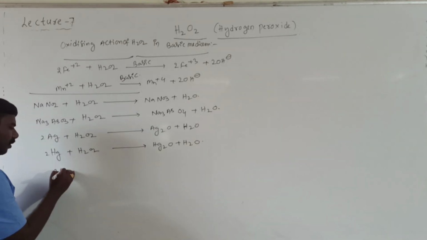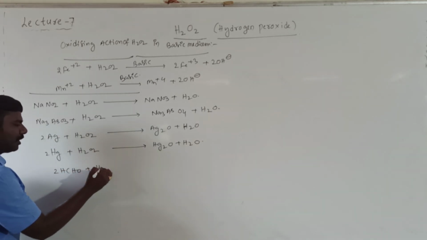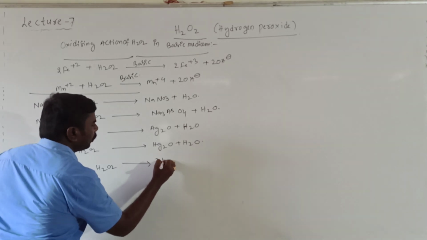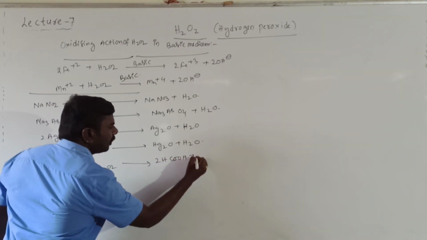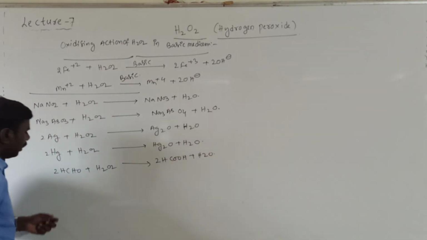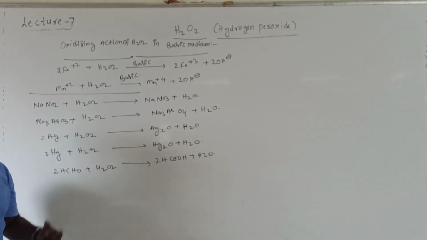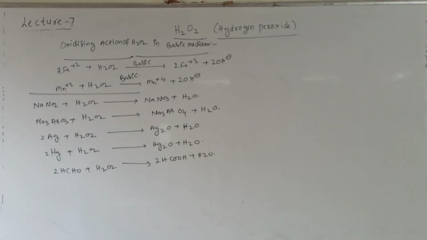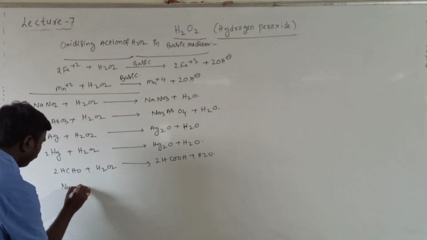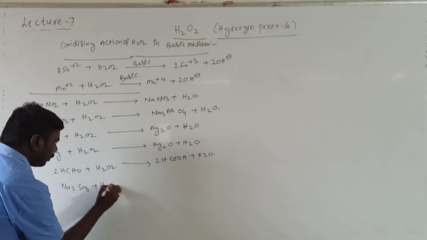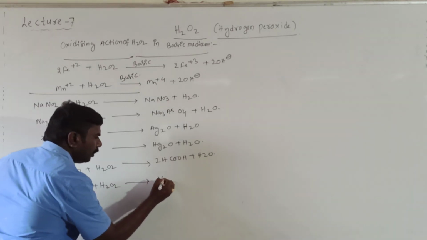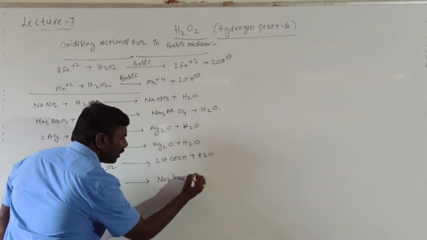Next, 2 moles of formaldehyde HCHO converted into 2 moles of formic acid, plus H2O. It means formaldehyde is oxidized to formic acid by H2O2. Similarly, many more are there. Na2SO3 plus H2O2 is oxidized to Na2SO4 plus H2O.